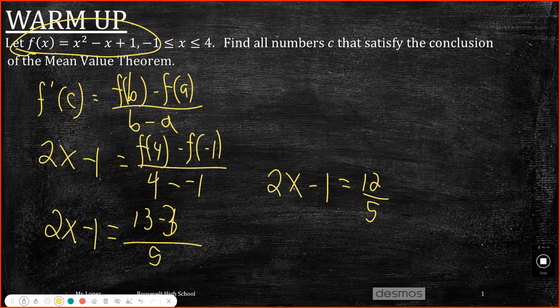I knew it. Equals 2. 2x equals 3. X equals 3/2. So that x is the C value that satisfies the conclusion.